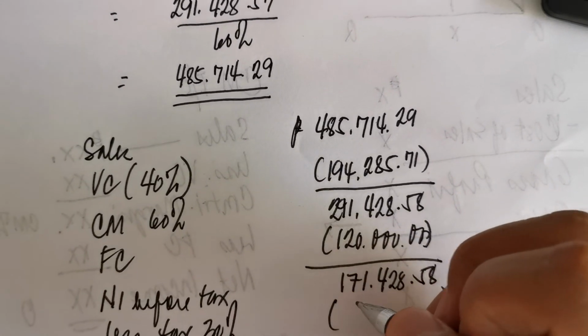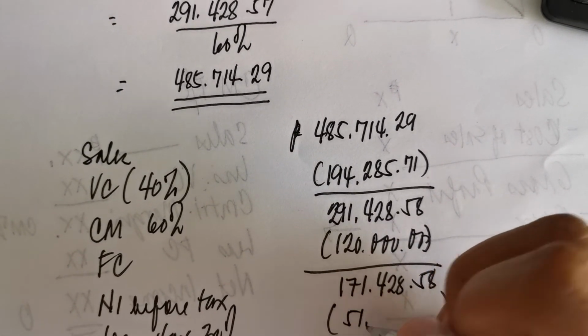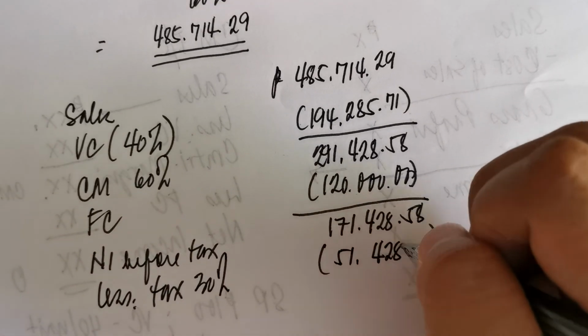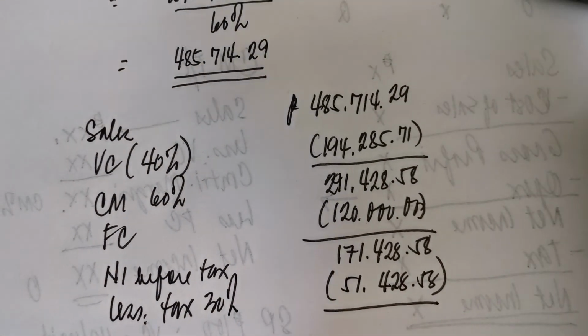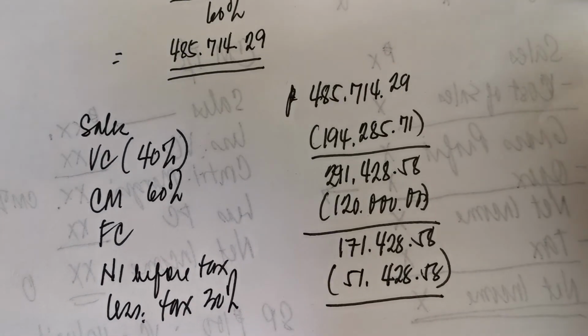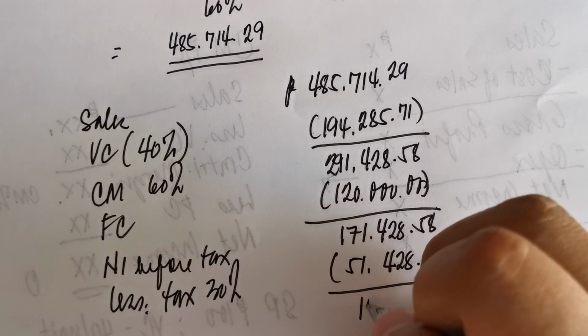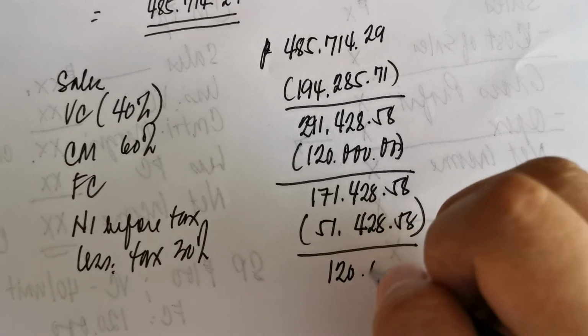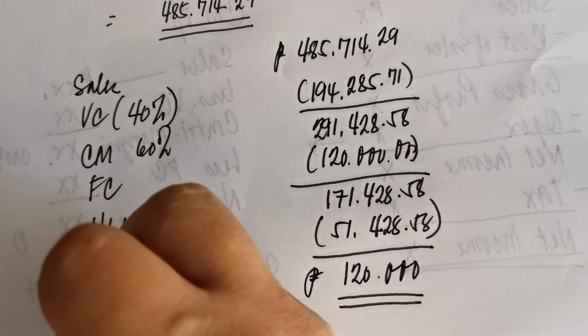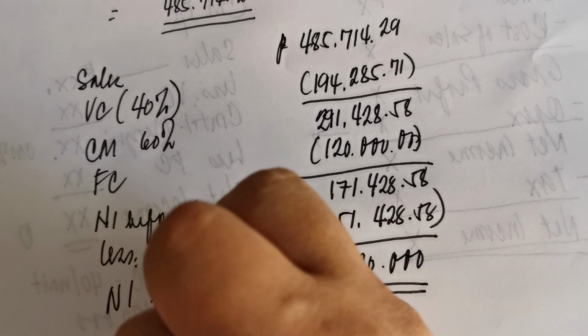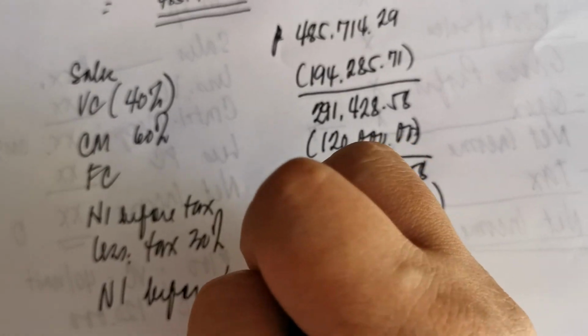So this is 51,428.58. So therefore, 171,428.58 less 51,428.58 is 120,000 net income.